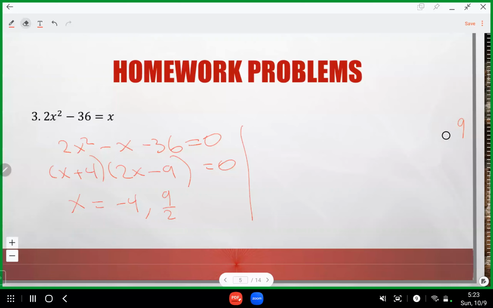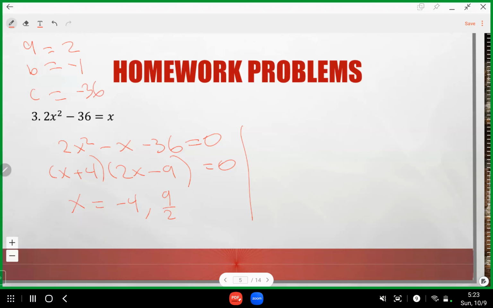Okay, so let's do our method with the quadratic formula. So a is 2, b is -1, because we moved x to the other side, and then c is -36.